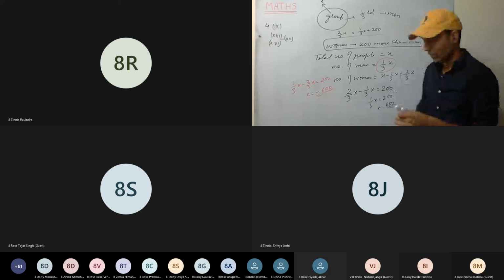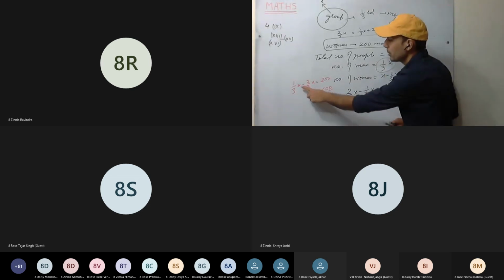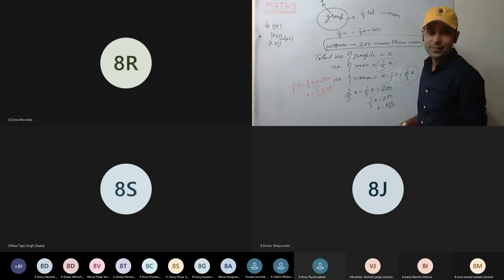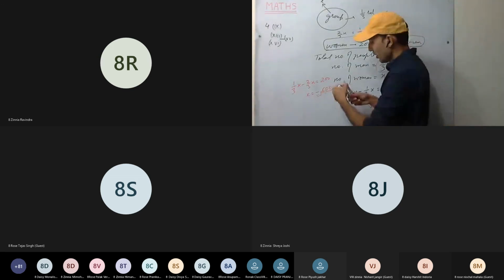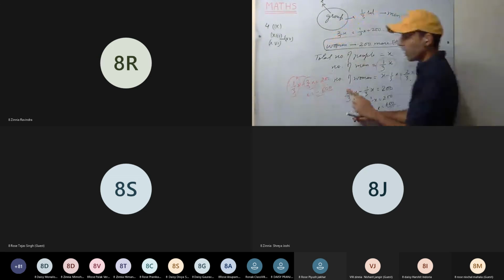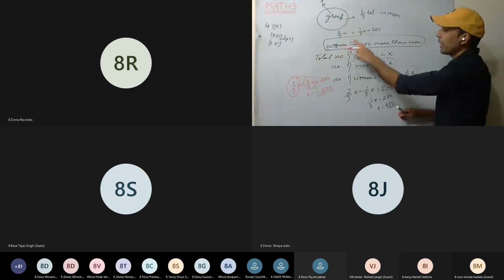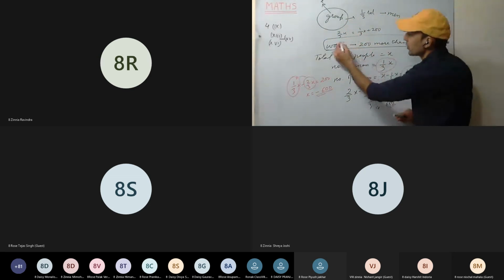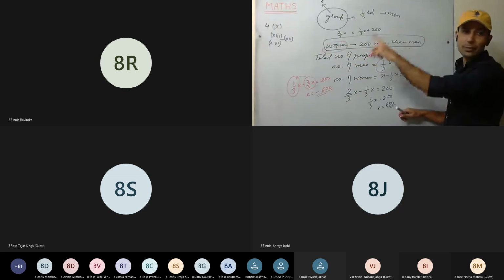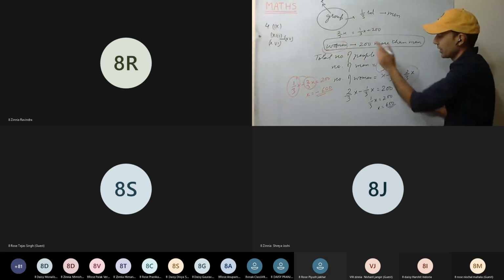We have got only one answer, that is minus. That means we have made some mistake somewhere. What was the mistake? We were subtracting women from men. But what we have to subtract is men from women, because women are more. Men are less, women are more. So from women we will subtract the men and we'll get 200.